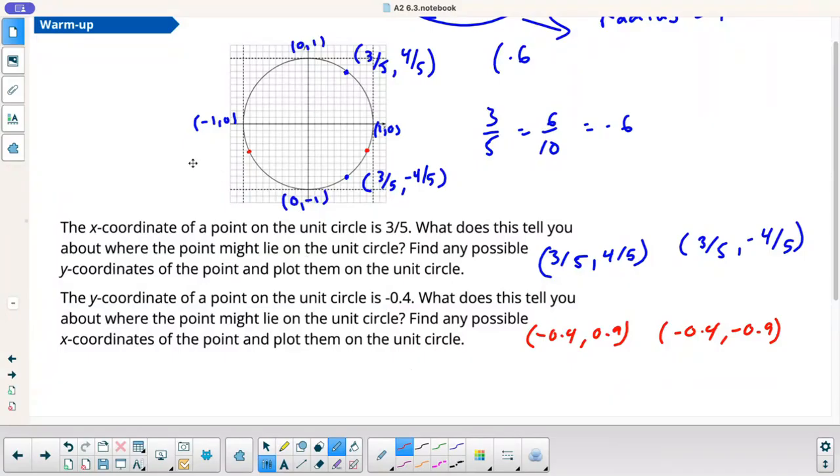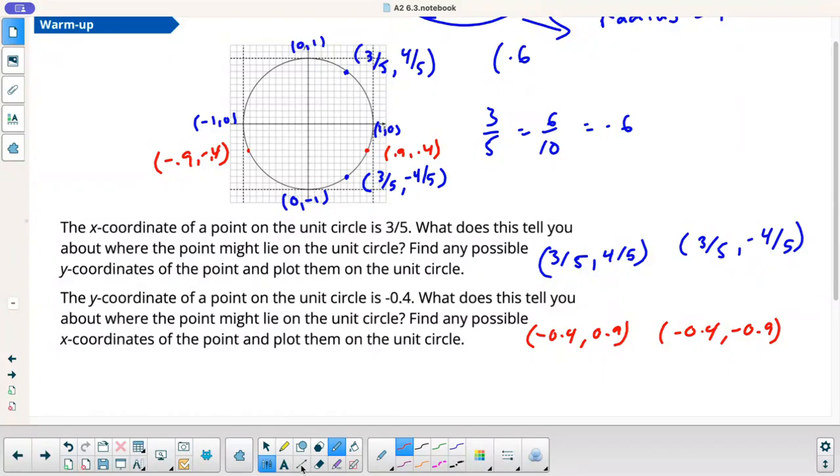Okay, so I'll write it right here. Oh, I had them backwards. Whoops. So there you go. Now I'm not sure if it's 0.9 because it's kind of hard on the graph.